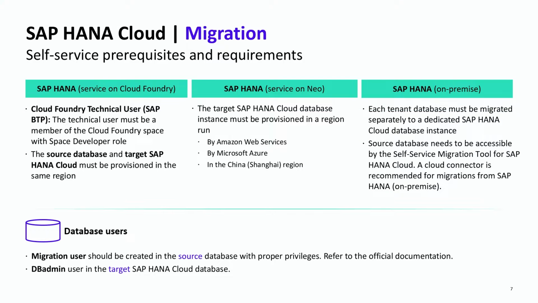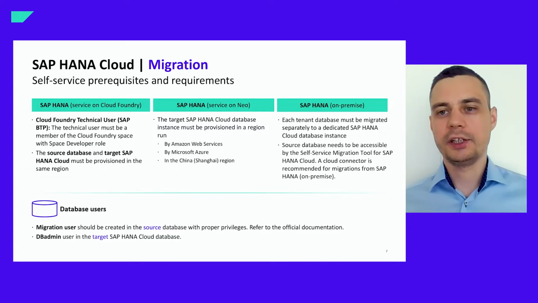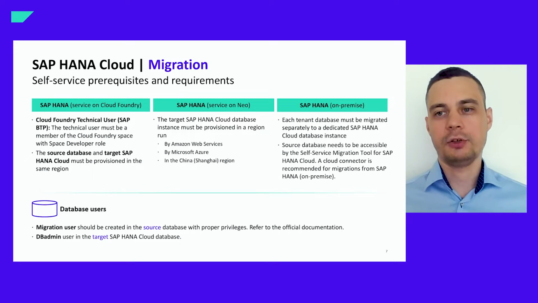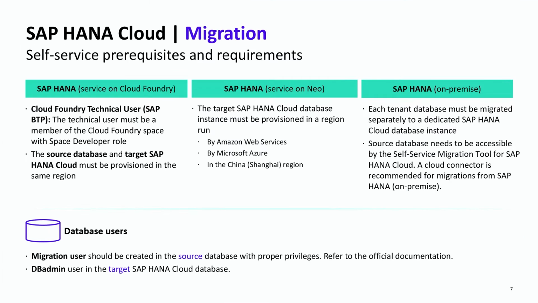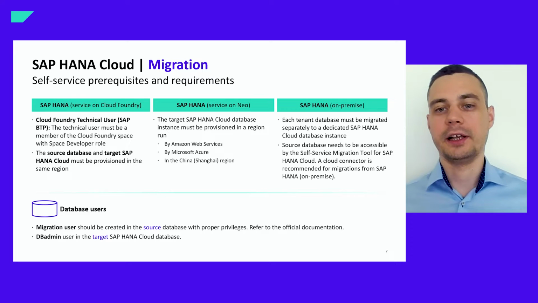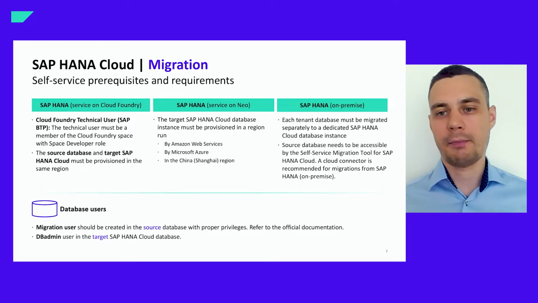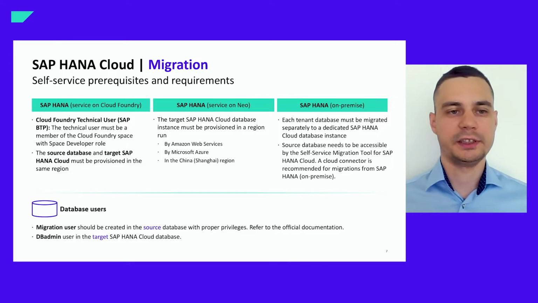So now, here is the overview of the prerequisites and requirements for the SAP HANA Cloud Migration Self-Service tool. For the on-premise scenario, it is important that each tenant database must be migrated separately to a dedicated SAP HANA Cloud instance. In addition, it's worth mentioning that the recommended way to migrate from SAP HANA on-premise is by using Cloud Connector. Cloud Connector serves as a link between SAP BTP applications and the on-premise system.